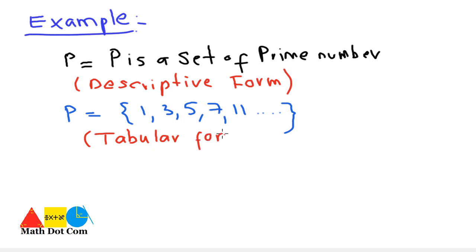Now, let's see how we can write the same set of prime numbers in set builder form.